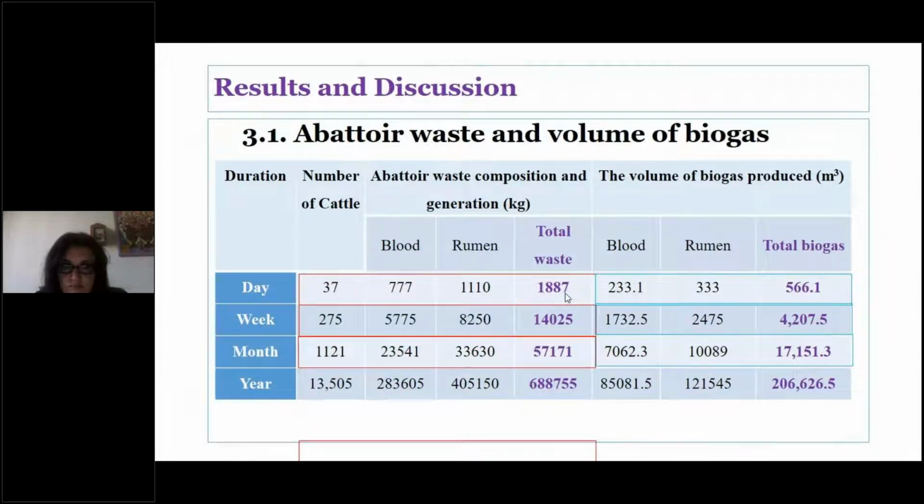When I proceed to the amounts per year, more than 13,000 cattle will be slaughtered for producing meat for public consumption. From these, more than 688,000 kilogram of waste could be generated, and this has a potential to produce more than 206,000 meter cube of biogas.